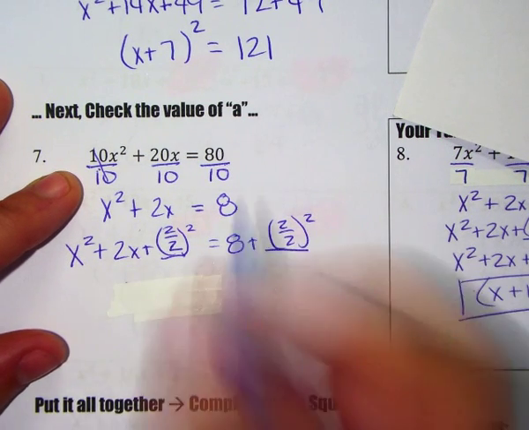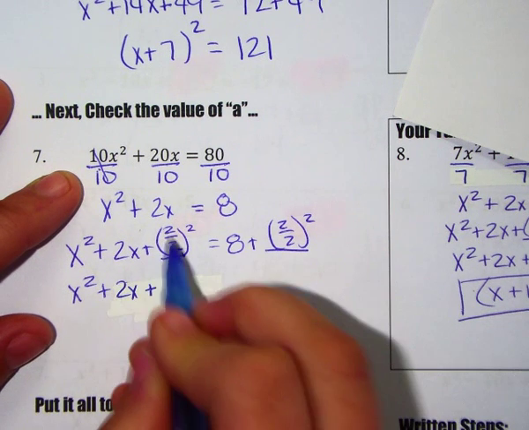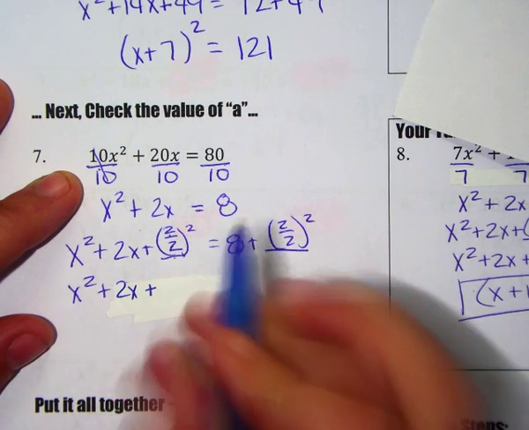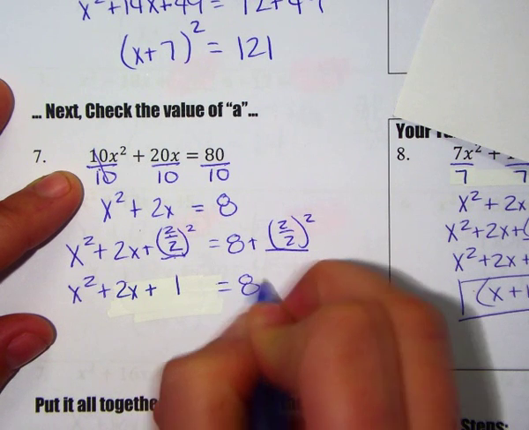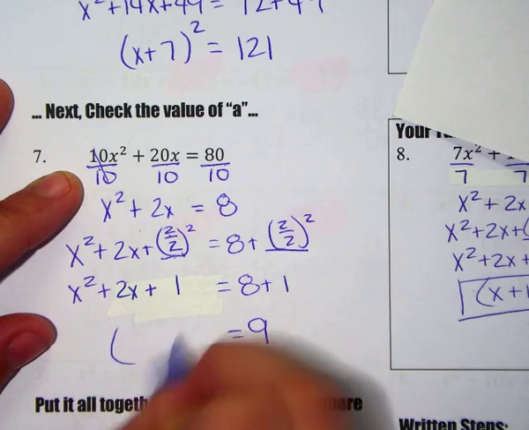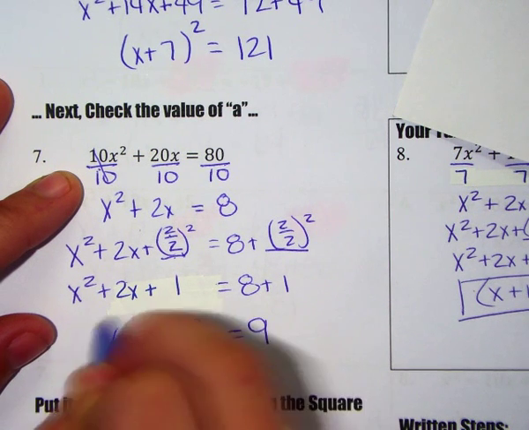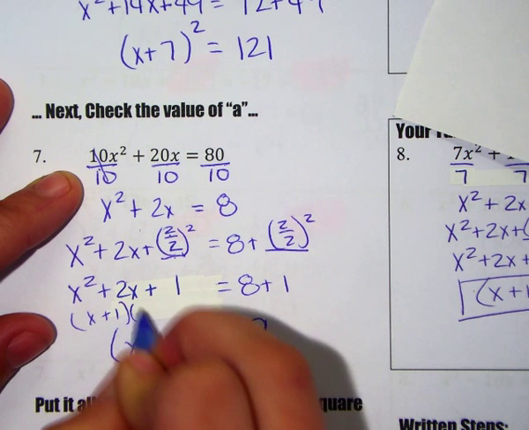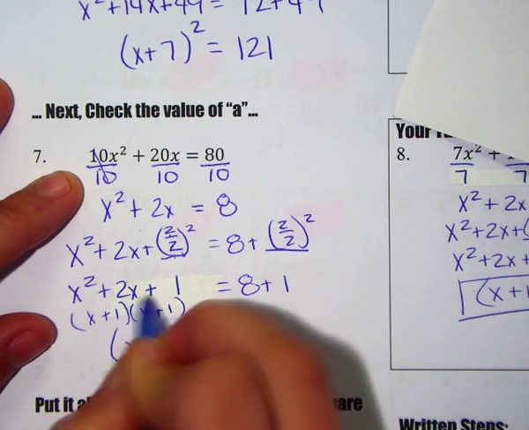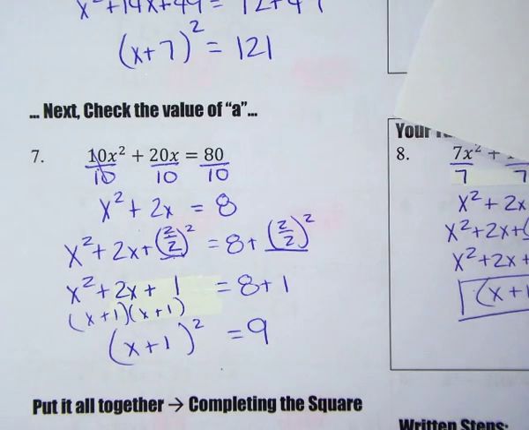This simplifies to x squared plus 2x plus 2 divided by 2 is 1. 1 squared is 1. Again, the purpose of this is so that this is a perfect square, and that'd be x plus 1. Because x plus 1 times x plus 1 would equal x squared plus 2x plus 1.